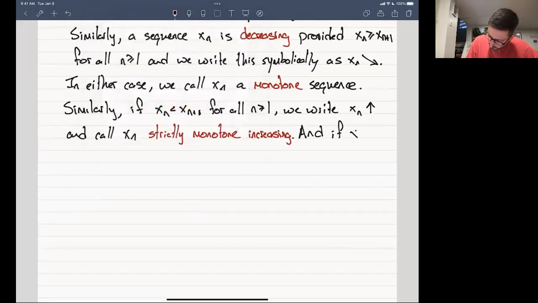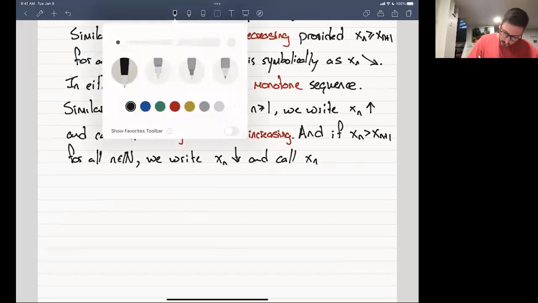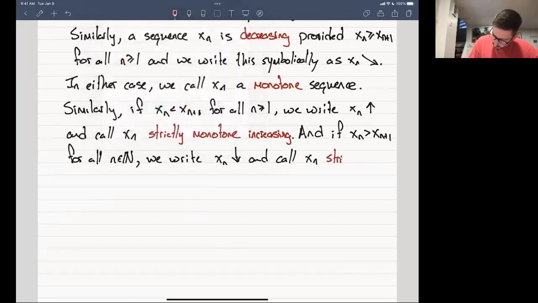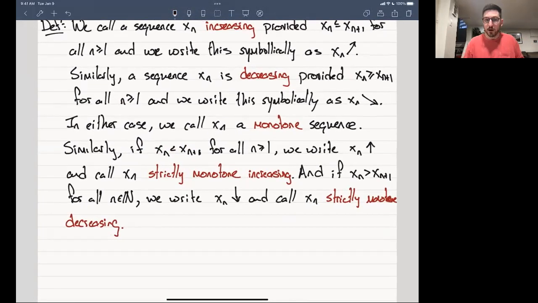So if xn is greater than xn+1, strict inequality, for all n, we write, so you can probably guess the symbolic representation here, xn with a straight down arrow, and we call xn strictly monotone decreasing. Okay, so that's a lot of definition to start off with, but this is important, right?